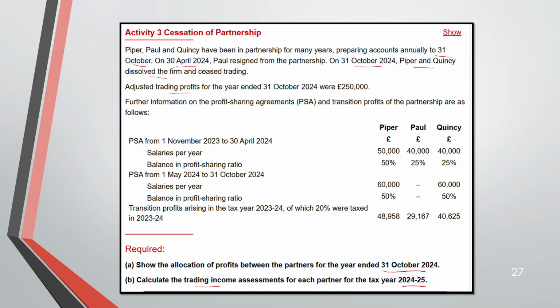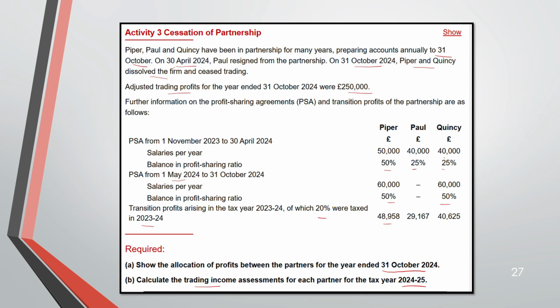The adjusted trading profit is 250. The profit sharing ratio has been given as 50-25-25, and then when the partner left, the ratio is 50-50, and the transition profit has been given, of which 20% is taxed in 23-24.